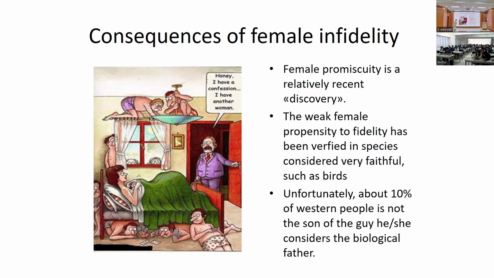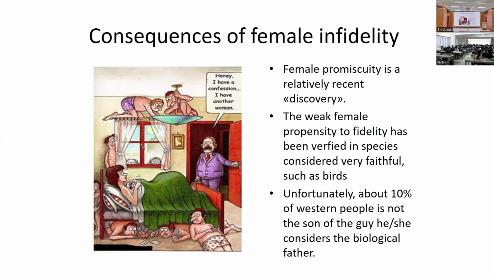But what is incredible is that about 10%, 1 in 10, in Western societies, it has not been studied in Oriental ones, but in Western society, 1 in 10 people is not the biological product of the father.